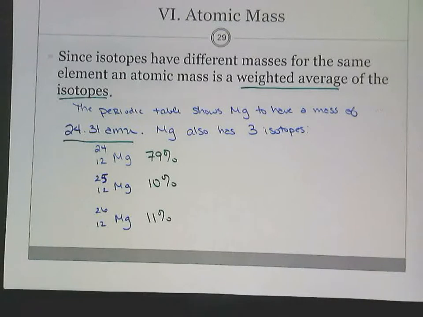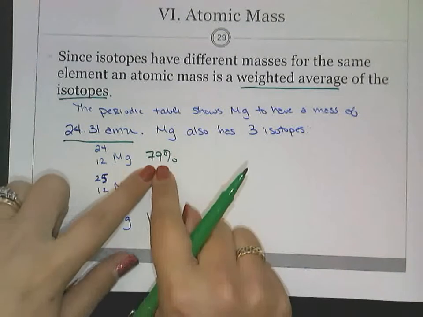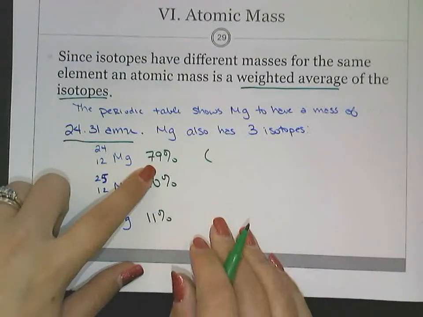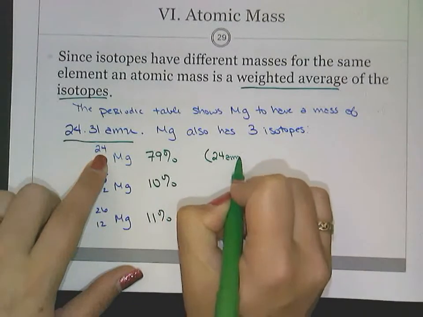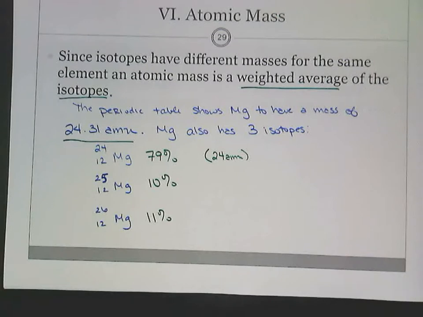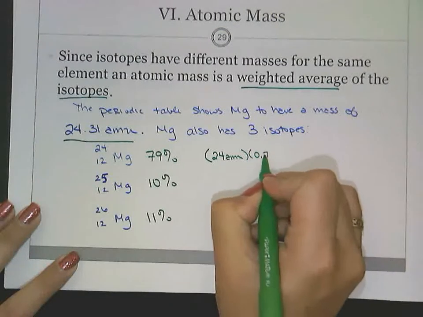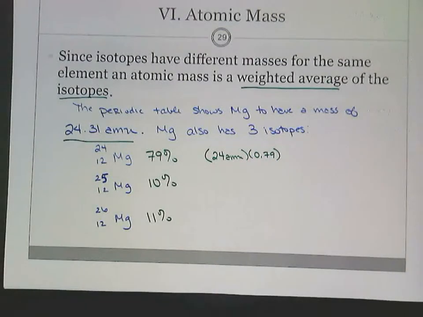So I'm going to look at isotope number 1. Its overall mass is 24. How do I turn 79% into a decimal? Right, 0.79. So that tells me 79% of the time it weighs 24.